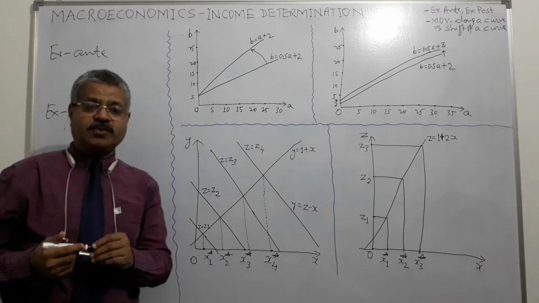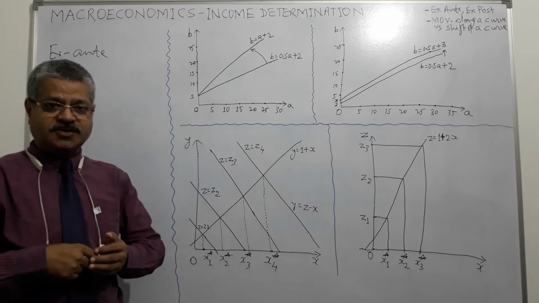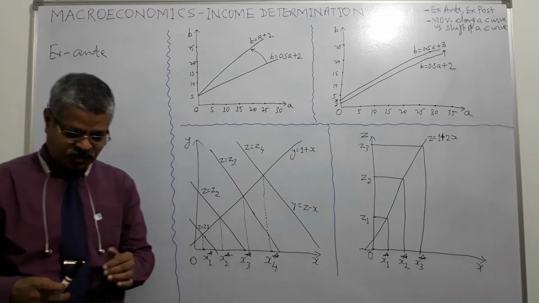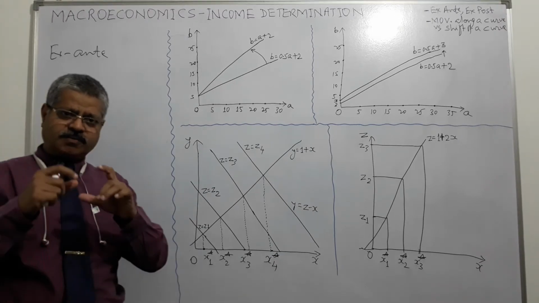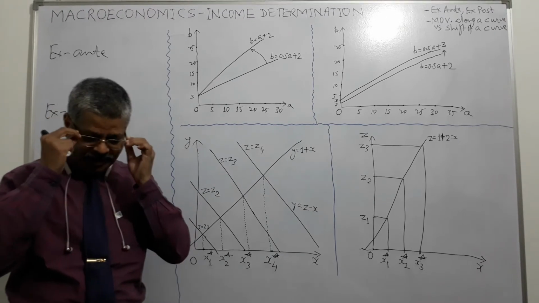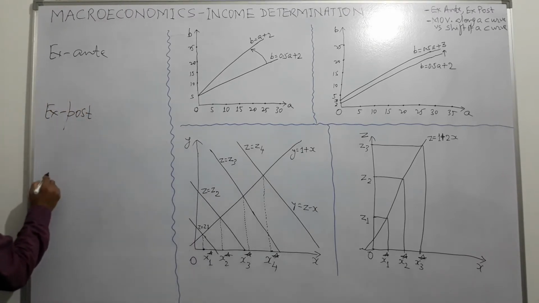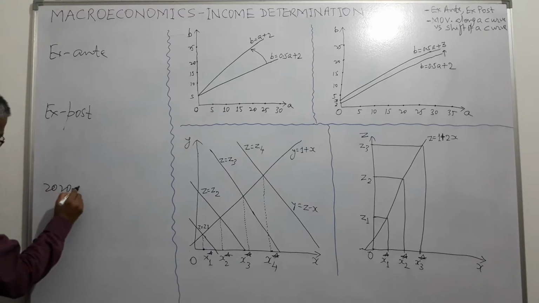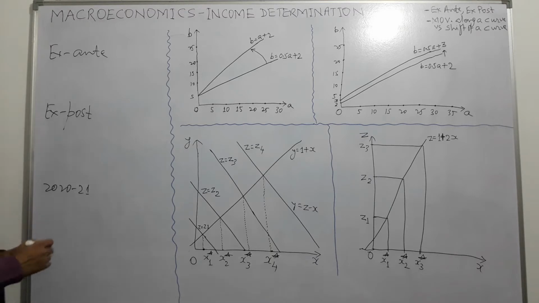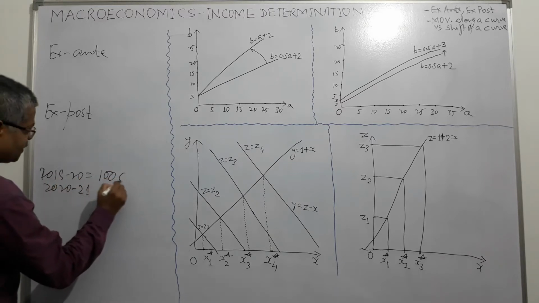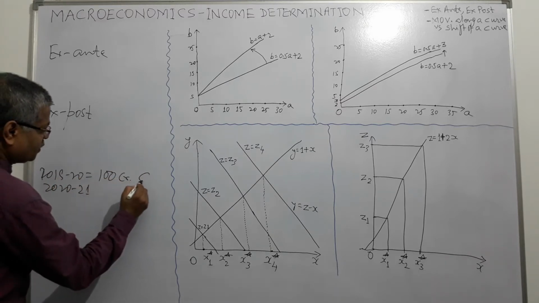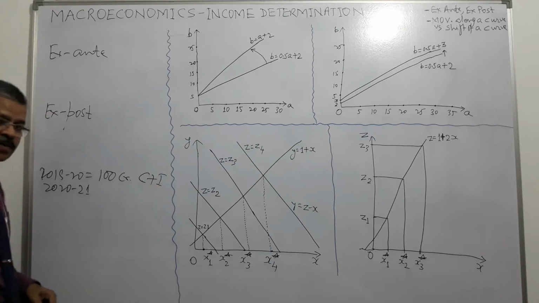See, in the economy we find consumption, investment, these kinds of things. Suppose I give you a very simple example to make it clear. Suppose we are in 2020-21, this is the financial year, and we are talking about 2019-20, when 100 crore was the consumption plus investment.